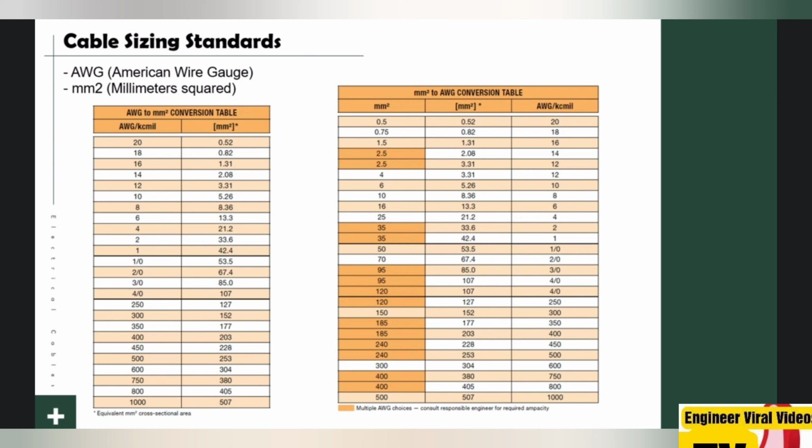The first one is called AWG, American Wire Gauge, and the other is by square millimeter.